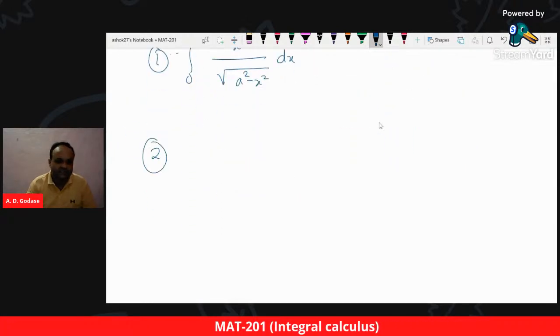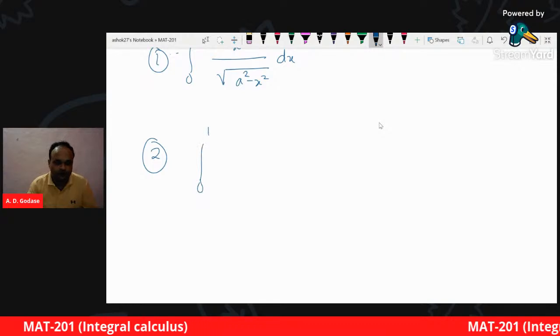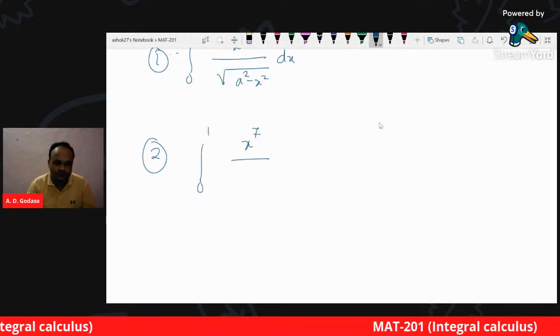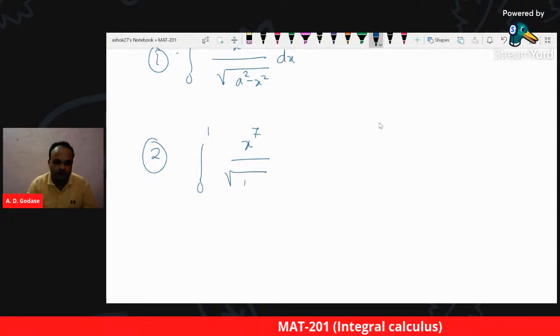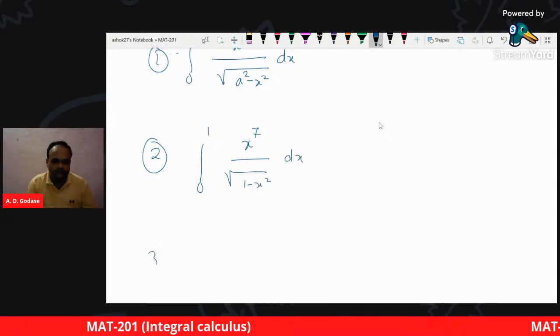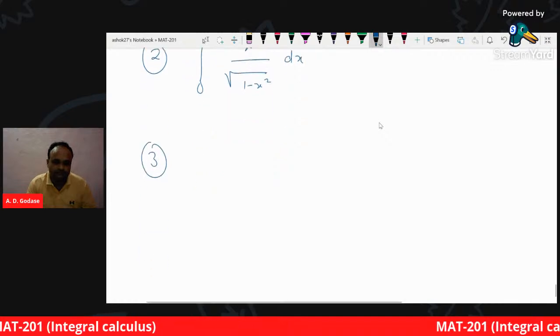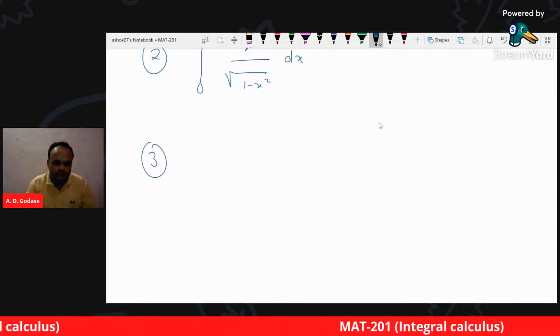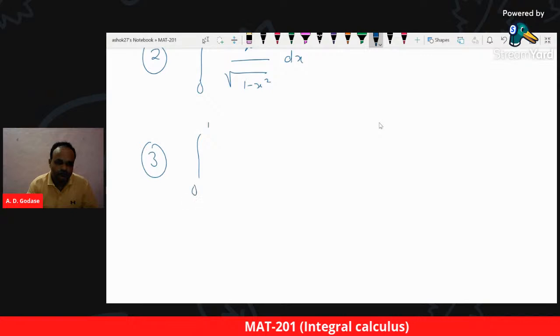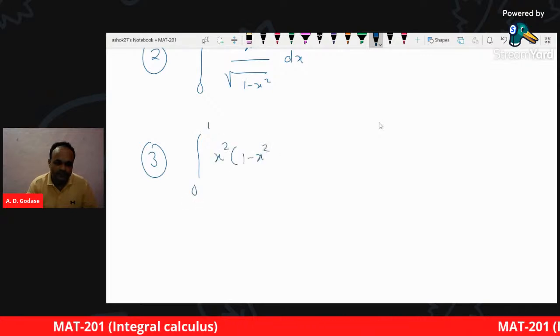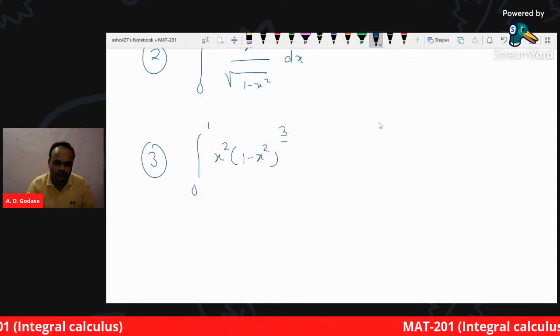The second example is the integration from 0 to 1 of x raised to 7 divided by the square root of 1 minus x square dx. Then the third example, integration from 0 to 1 of x square into 1 minus x square to the power 3 by 2 dx.